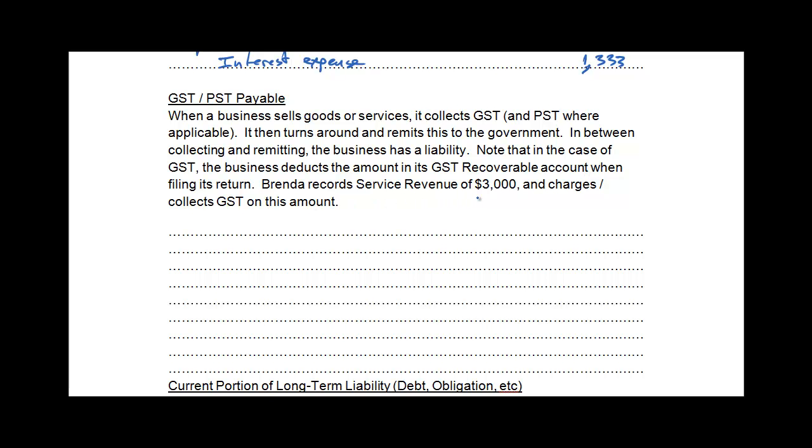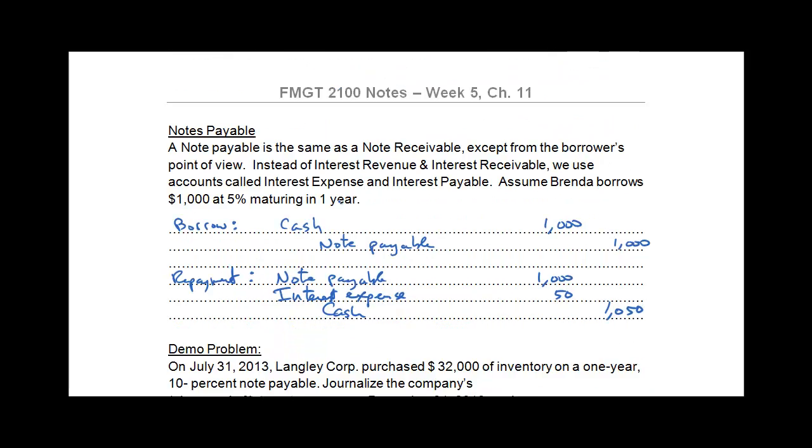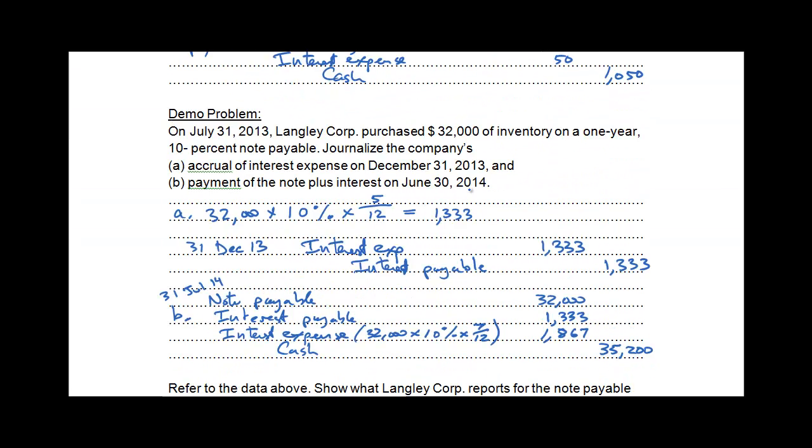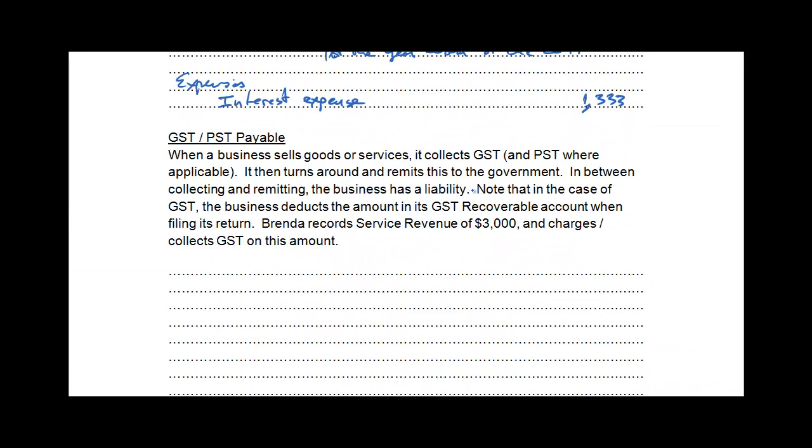So Brenda records service revenue of $3,000 and collects GST on this amount. If you remember earlier, we had some supplies. Brenda did a bunch of work, but in the course of this job, she also spent some money on supplies, so she's got a GST recoverable of $5. In this case, she bills for her time.